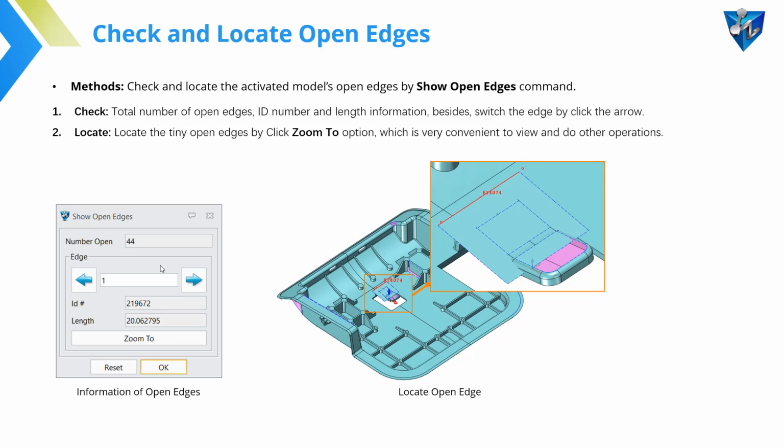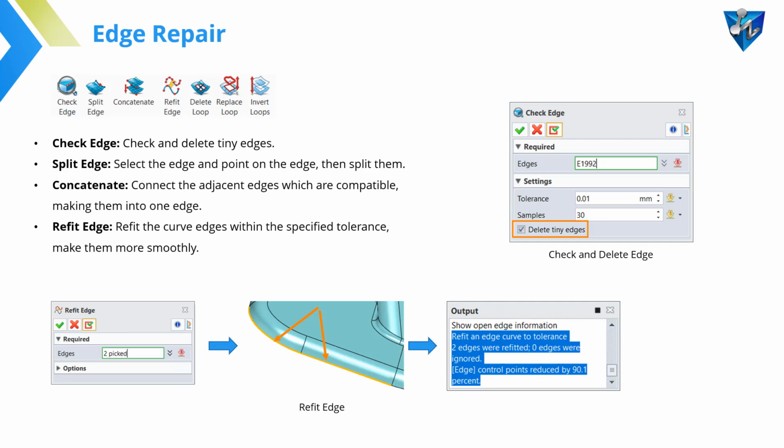You can not only check the total number of open edges, ID number, and length information, but also locate the tiny open edges by clicking the Zoom to option, which is so convenient that it could save you lots of time.